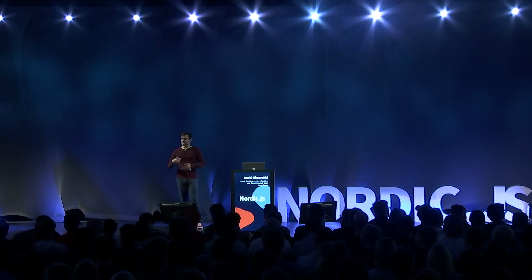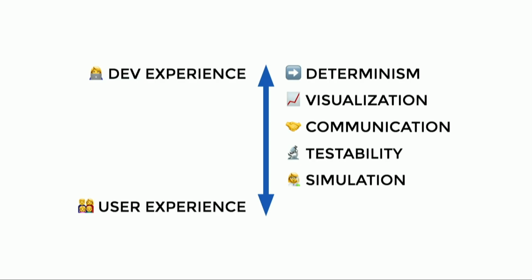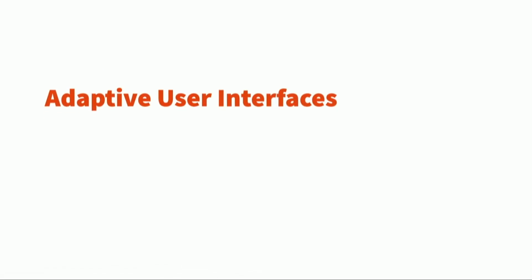And software modeling has a lot of these benefits, like visualization of these graphs, communication between designers, developers, and other stakeholders. It automatically can generate tests for us. It allows for simulation based on those machine learning and artificial intelligence models. And finally, it provides analytics that we could use in real time.